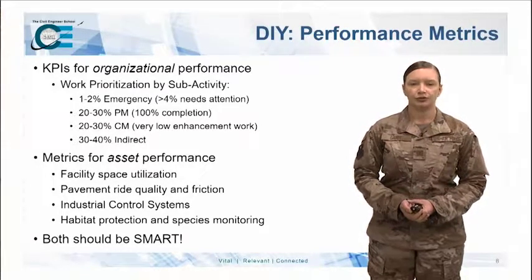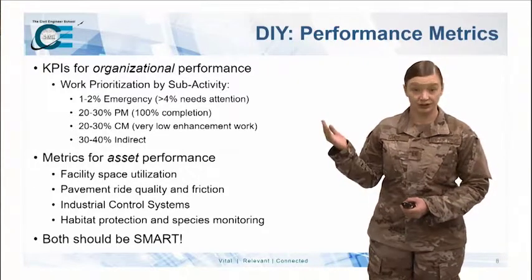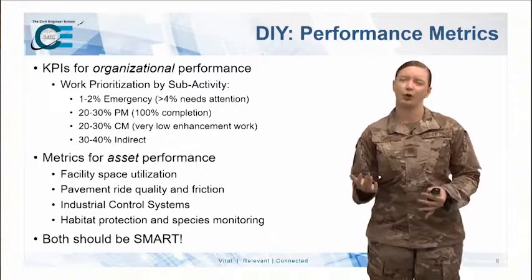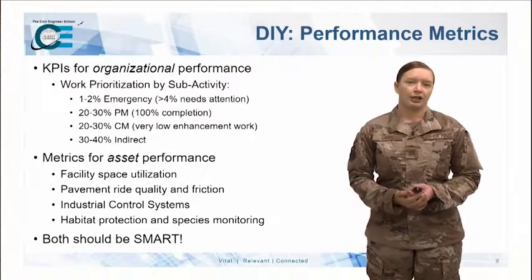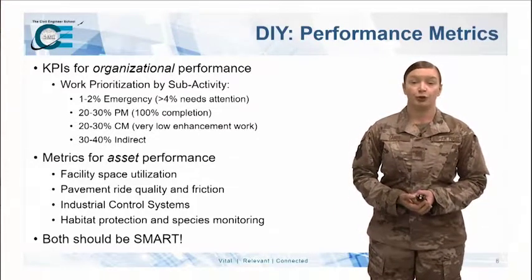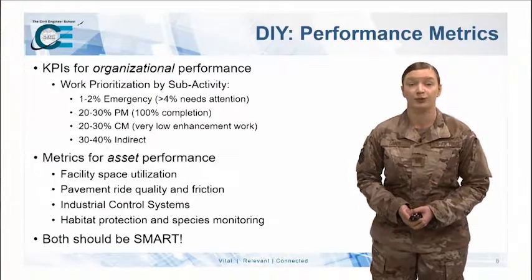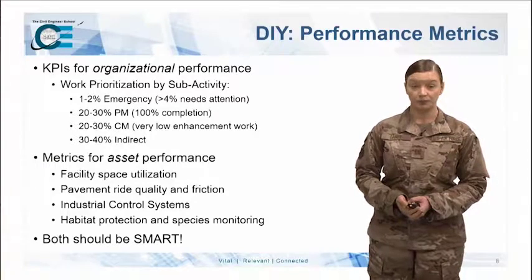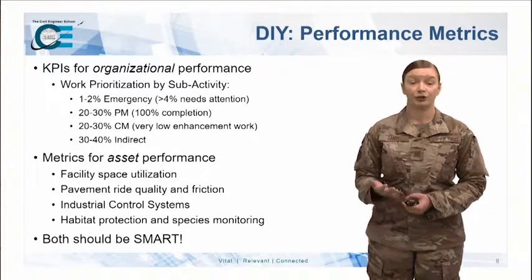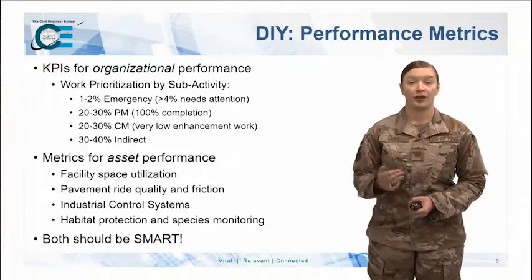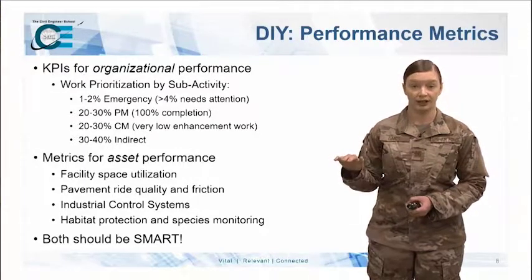So first of all, thinking about emergencies. If you have a lot of emergencies, and we qualify that as more than 4%, you might be being too reactive and you need to get on top of some corrective maintenance requirements before they become a problem. Also, of course, if your sub-activity has preventive maintenance requirements, we want to make sure that those are totally completed.